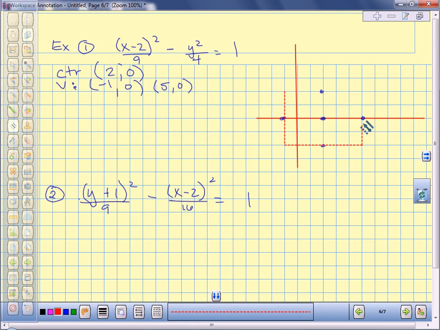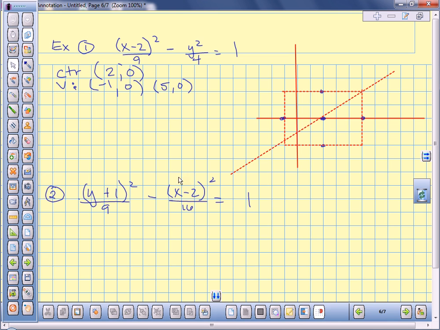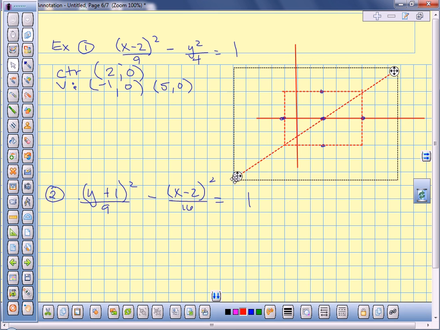I'm not going to make you do this though, because you might be able to visualize this box in your head. All this box does is it helps us to correctly form our asymptote lines.